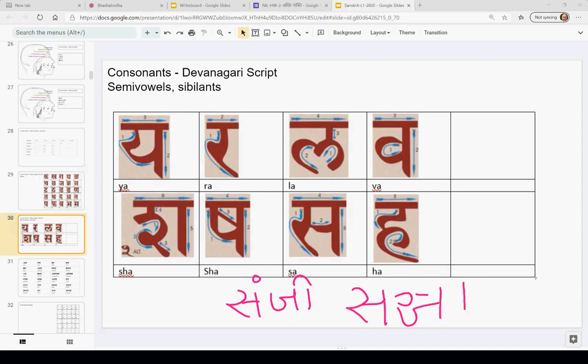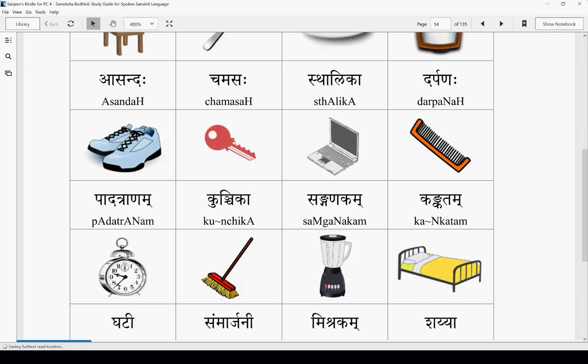While preparing this book, I was in two minds about which one to use in this Sanskritam, Sanganakam, which one to use. In the later part of the book, I use this. To keep it consistent, here also I use this, but I forgot to change it.